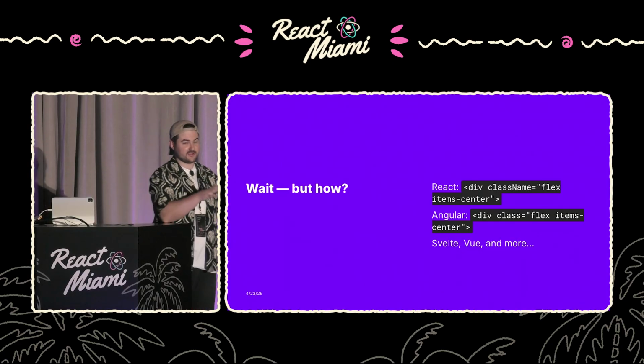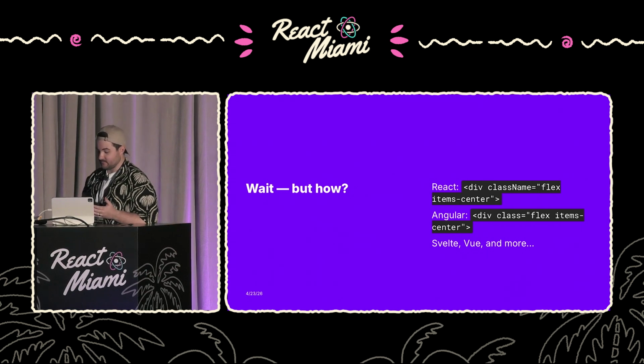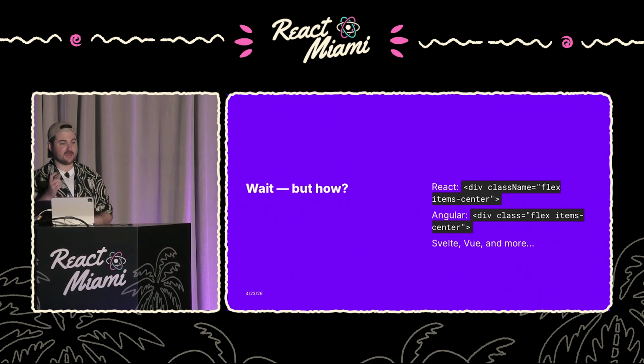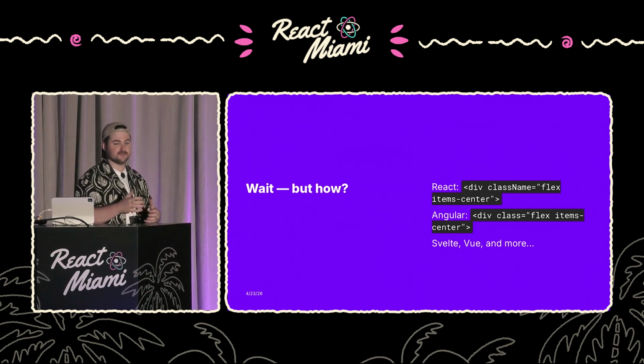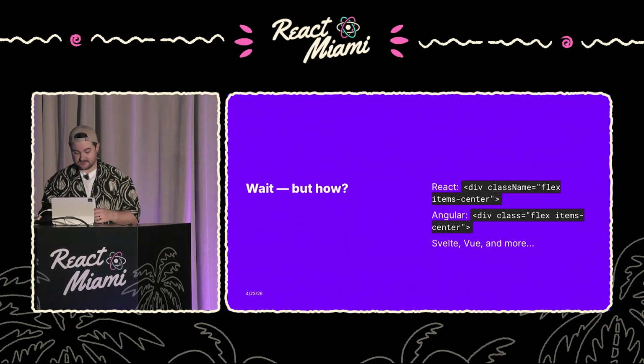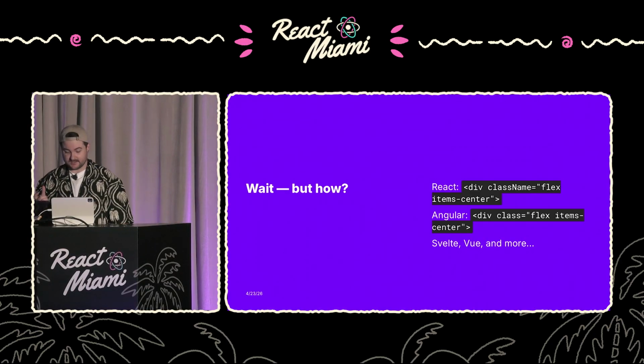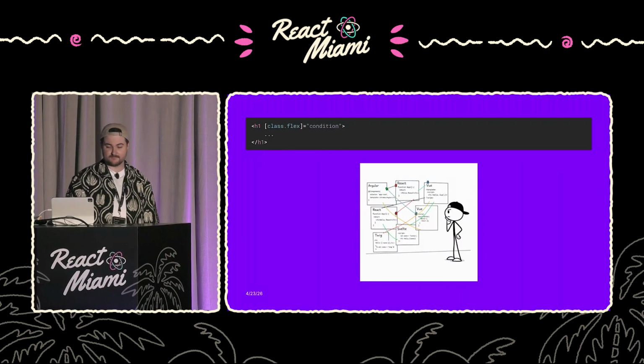Tailwind works with React, it works with Angular, and all the other JavaScript frameworks. And for the most part, the way that we add CSS classes to elements doesn't vary a ton between frameworks. React uses the className prop, and Angular uses class, but for the most part, we're still applying a utility inside of a string, so no big deal.